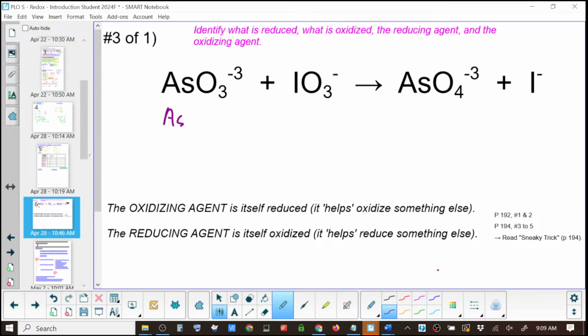Now I feel like you're just throwing numbers out. What is oxygen? Oxygen's minus 2, with that 3, minus 6. That minus 6 equals minus 3. So what must AS be here?